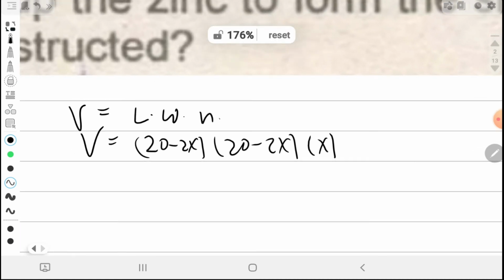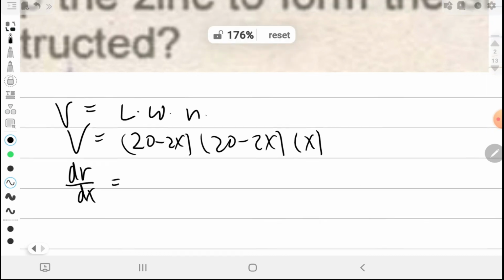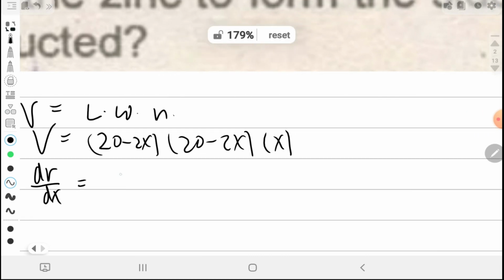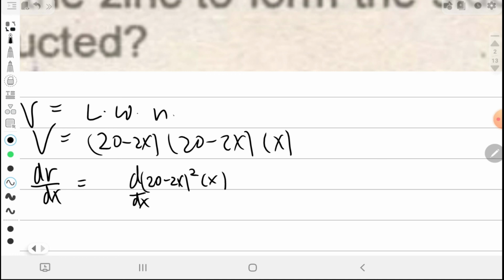So if you would get our dV over dx, so dV over dx, I will have a value equal to the derivative, i-multiply ko na muna tong 20 less 2x kasi parehas lang naman sila, squared multiplied by x. Okay? So multiplied by the derivative of this equation.